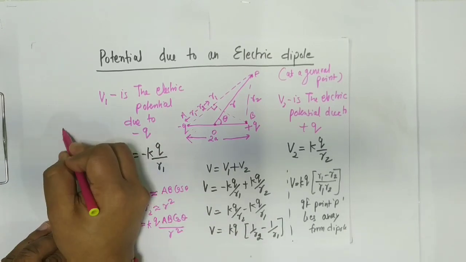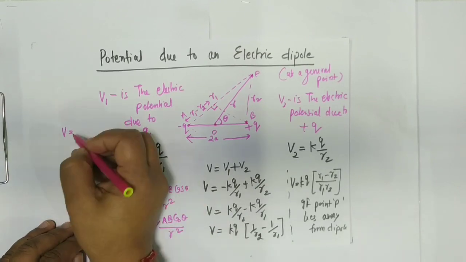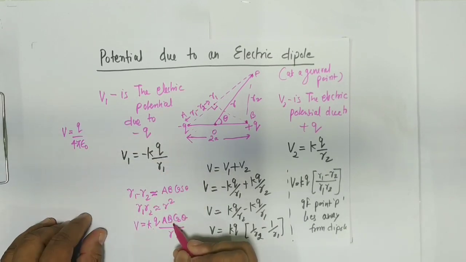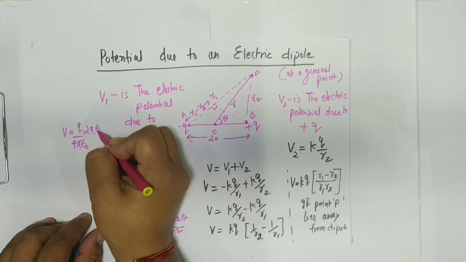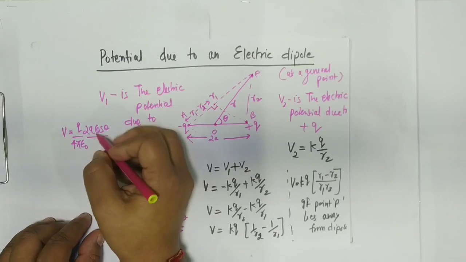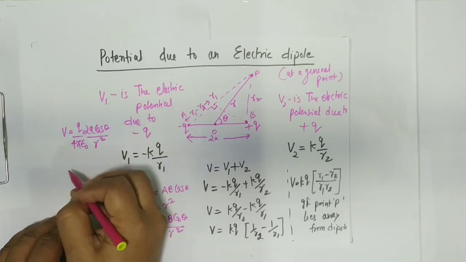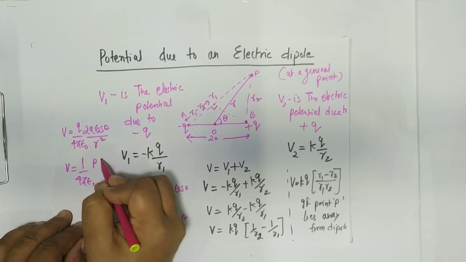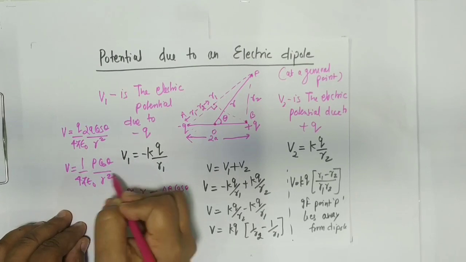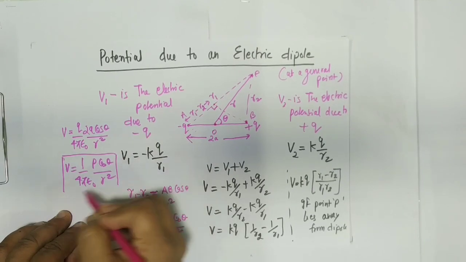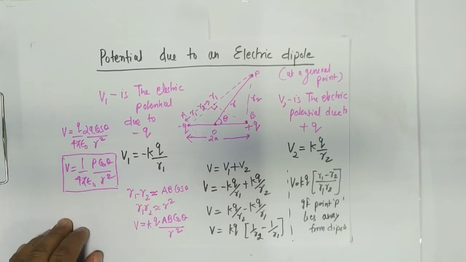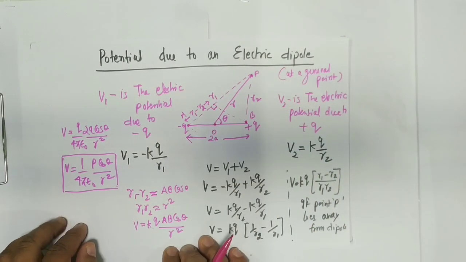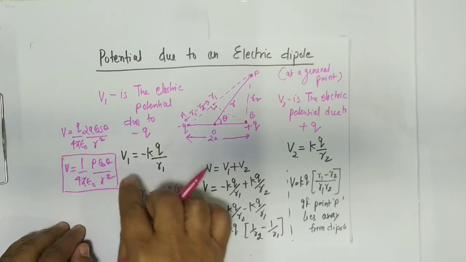Finally, K is 1 by 4 pi epsilon naught, and AB is 2A, so V is 1 upon 4 pi epsilon naught, 2A Q cos theta by R square. Finally you write 1 upon 4 pi epsilon naught, P cos theta by R square. So this is the potential due to a dipole at a point P.